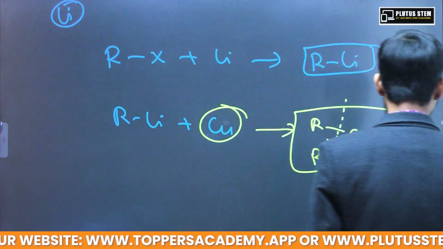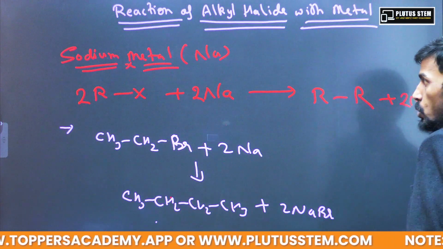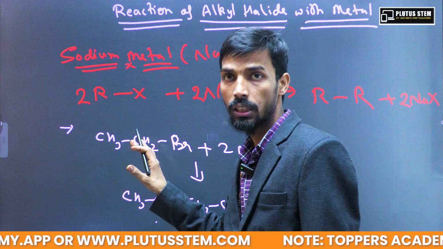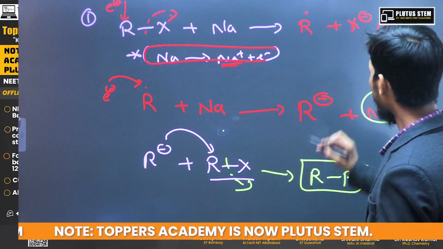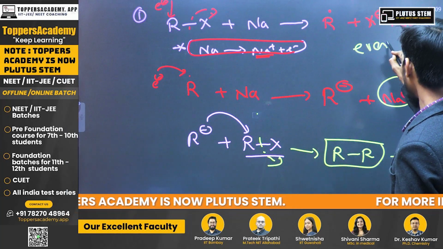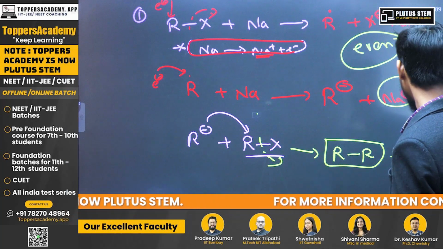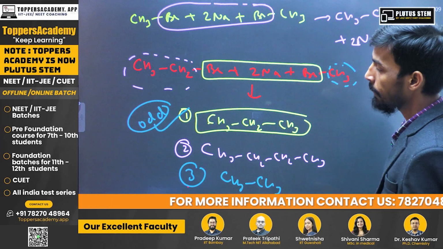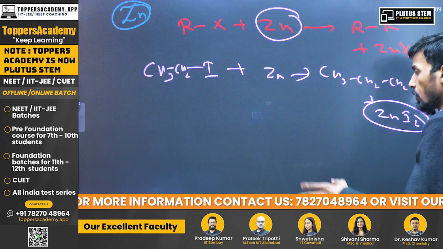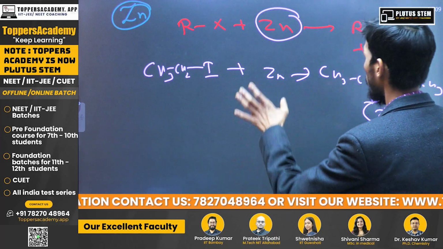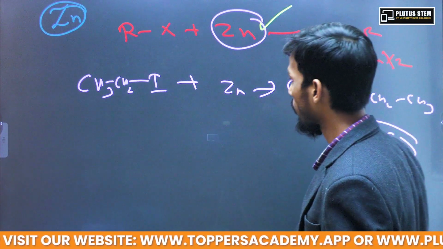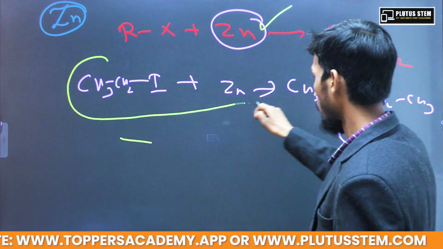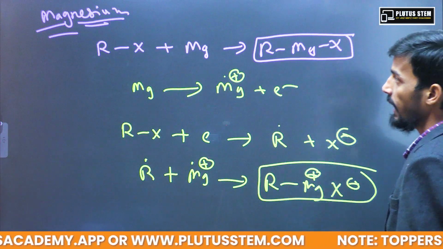So the quick summary of today's video: firstly we have discussed the sodium metal. It is providing us alkane, specifically the even number of alkane. Odd number of alkane is not preferable because we are getting an enormous number of products. The same thing is carried out with the help of zinc metal, and this reaction with iodide is termed the Frankland reaction.